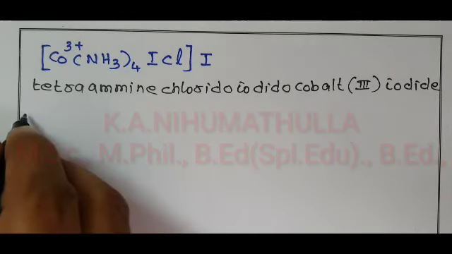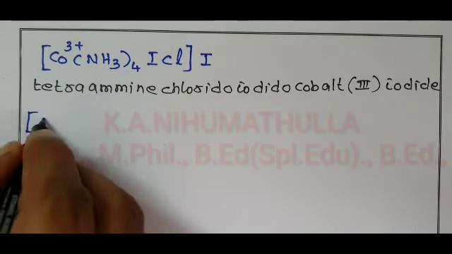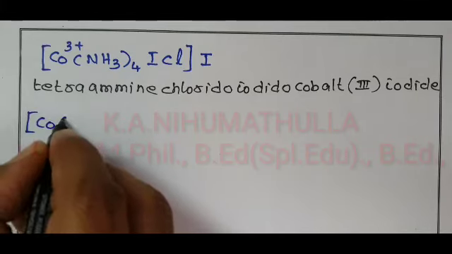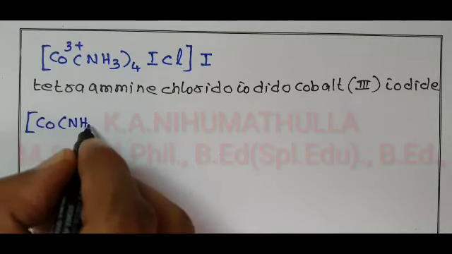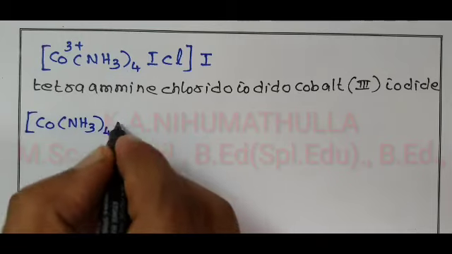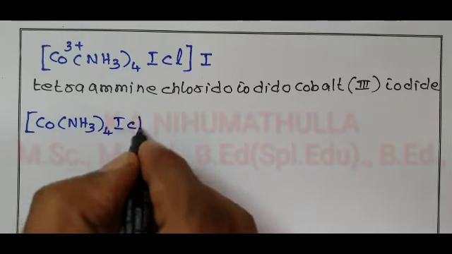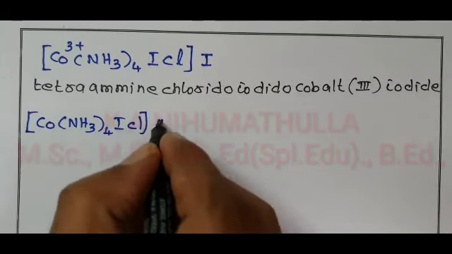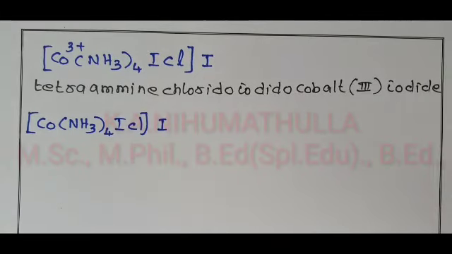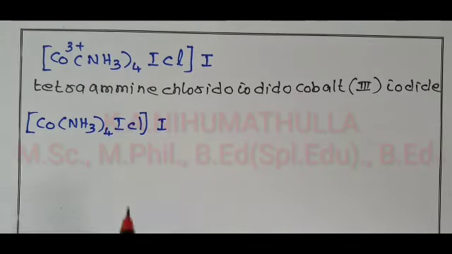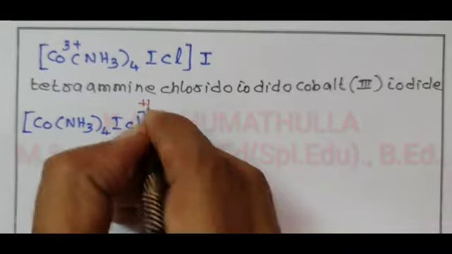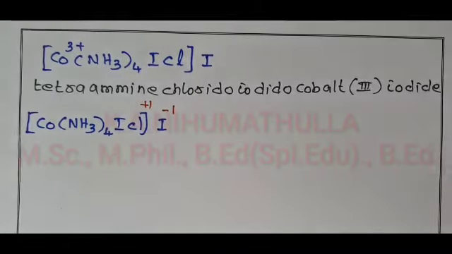How? Write that compound: Co 3+, NH3 4 times, 1 I, 1 Cl, and this I is the counter ion. Charge on the complex is plus 1, charge on I is minus 1.